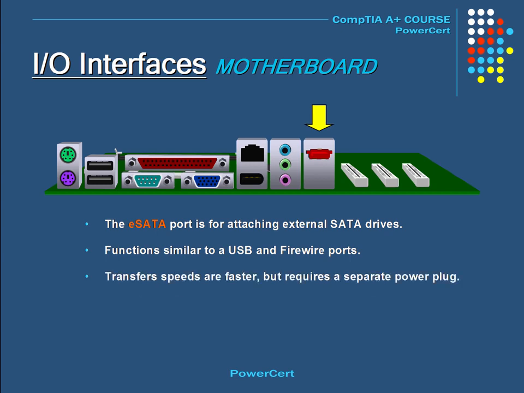But the disadvantage it has compared to USB and Firewire is that eSATA requires a separate power plug to supply the drive with power. But there is a new SATA port called eSATA P, which is power over eSATA. This port combines data transfer and power in an all-in-one port, similar to USB and Firewire.